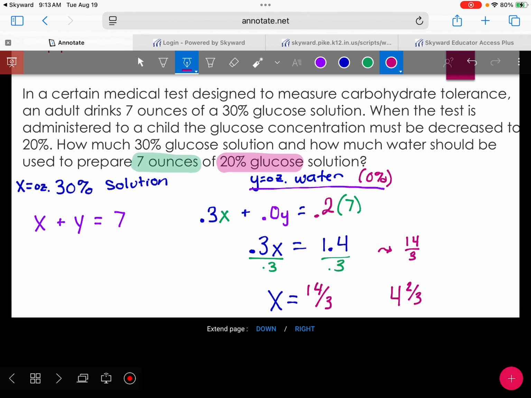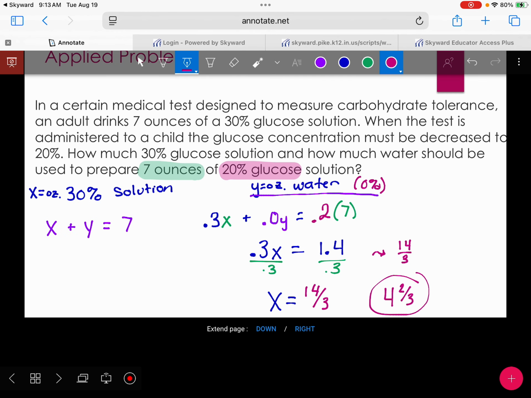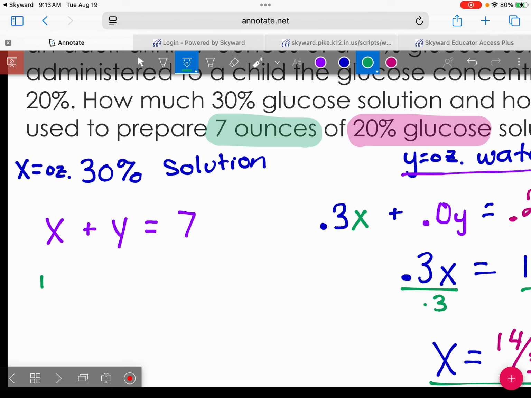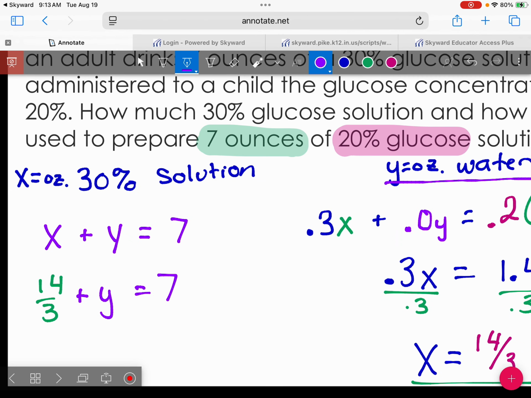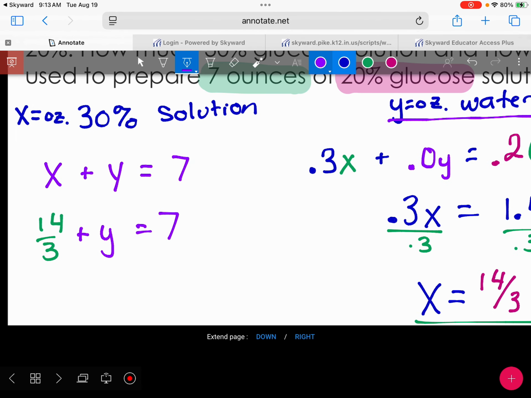So how much water do we need? Careful. So think about, we know this guy. I know my 14 thirds plus something is going to equal 7. 7 thirds. Because if we, again, common denominator, 14 thirds plus something is going to equal 21 thirds.